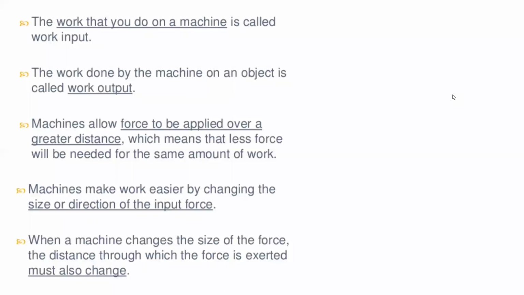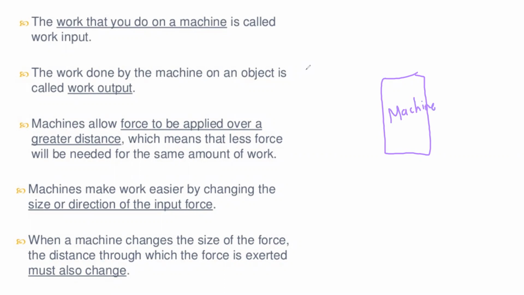Now, the work that you do on a machine, we call it work input. Any system in our world is like this, and here in physics, our system is the machine.